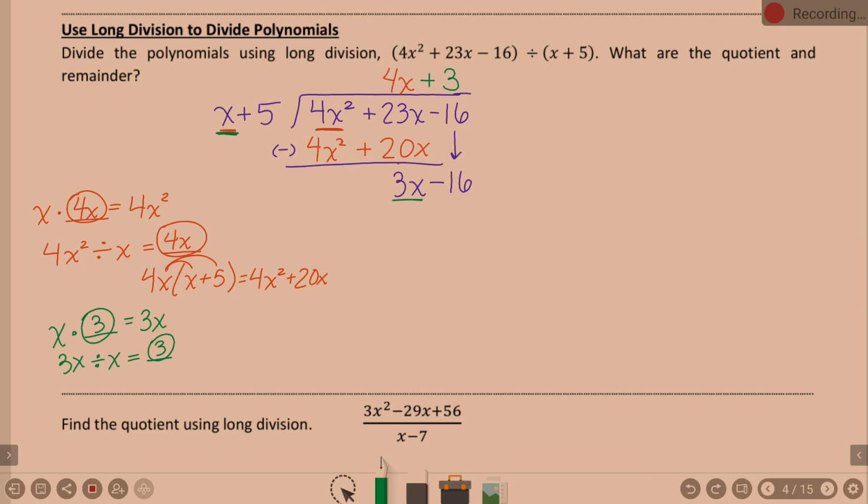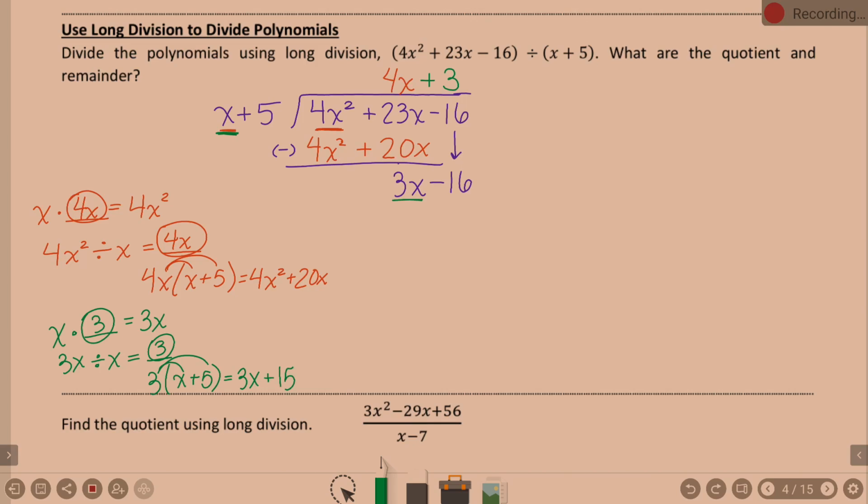What do I do with that 3? You're going to multiply it by our x plus 5 out here, right? So you're doing 3 times the x plus 5. What is 3 times x? 3x. What is 3 times 5?